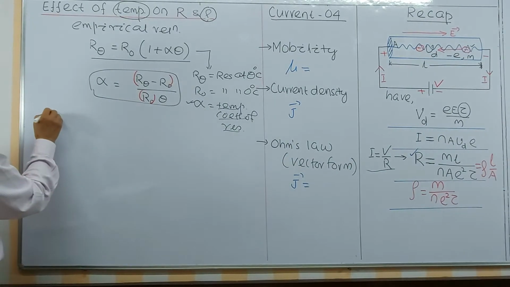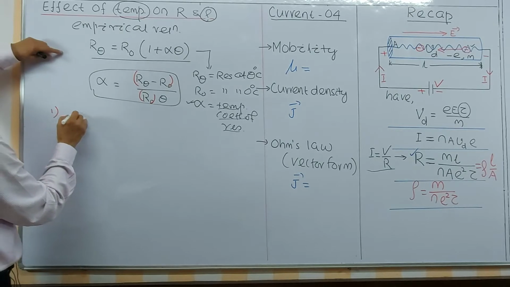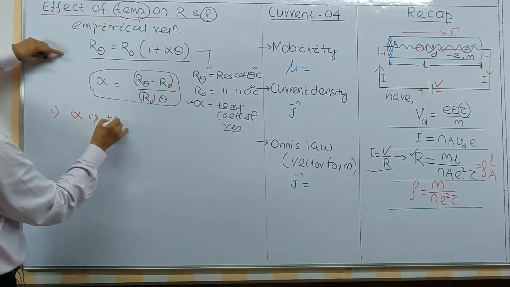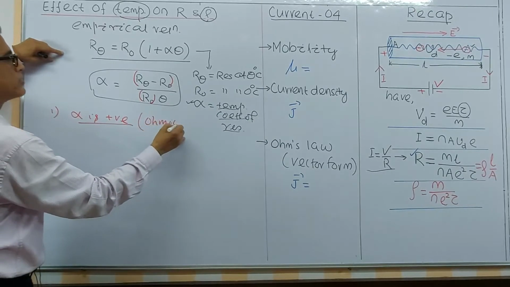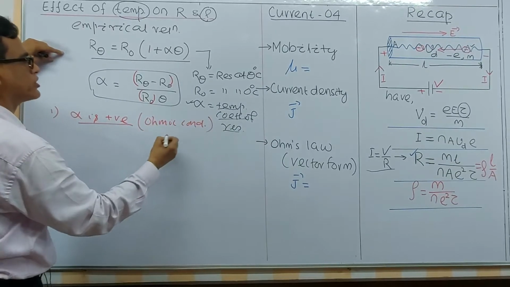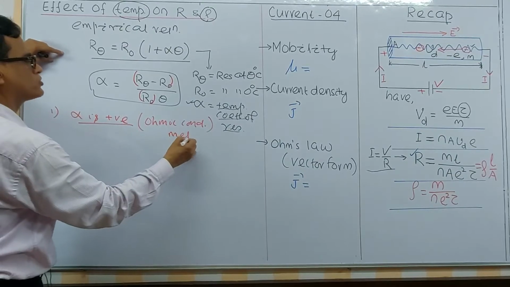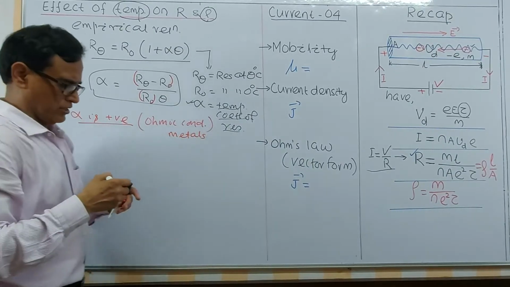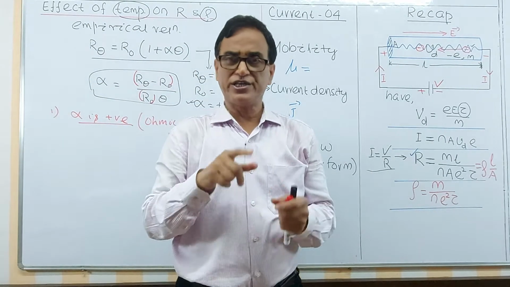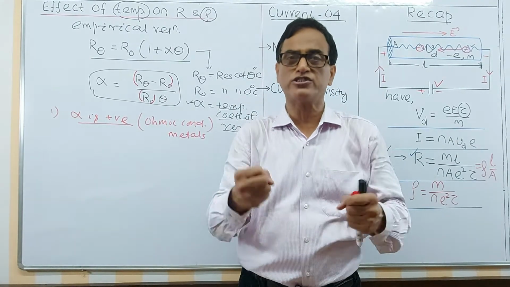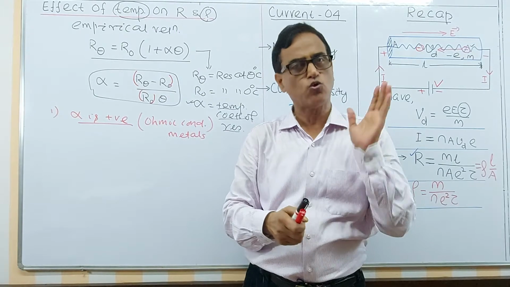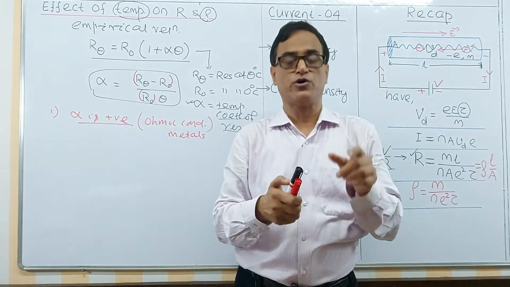The question is, if alpha is positive, this is for ohmic conductors. Remember, ohmic conductor means almost all metals, the materials or devices which satisfy Ohm's law, V by I is equal to constant, and the V-I graph is a straight line. For that, alpha is positive.